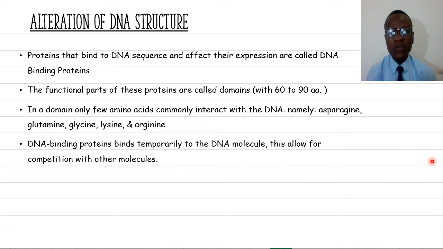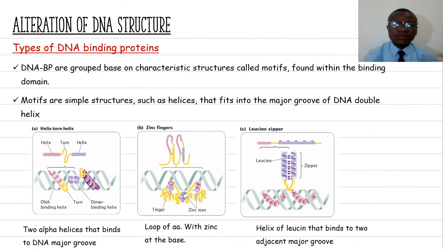So with that, now we'll move on to look at another aspect of this regulation, which is the types of DNA binding proteins. There are different types of DNA binding proteins. So the types are actually grouped based on the characteristic structures of those proteins known as the motif formed at the binding domain of the DNA.